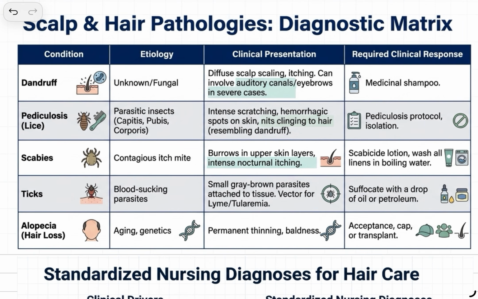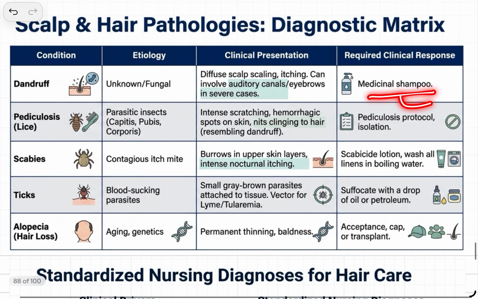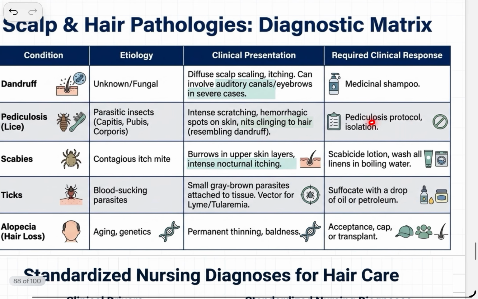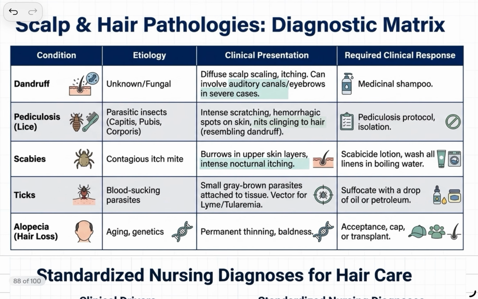You need to do the shampooing with whatever solution they have prescribed. If you are shampooing with the prescribed solution to eliminate the lice and its nits, we can call it the pediculosis protocol. I will tell you that later in this class only.